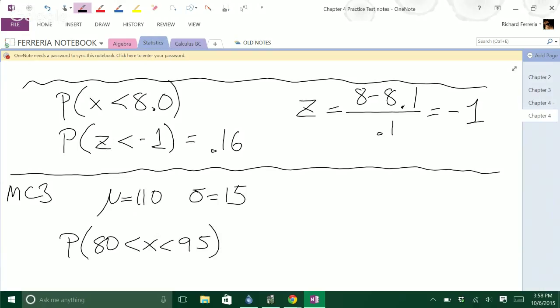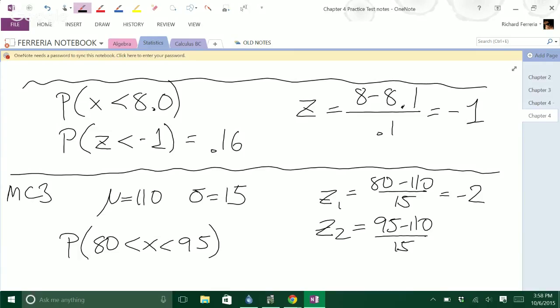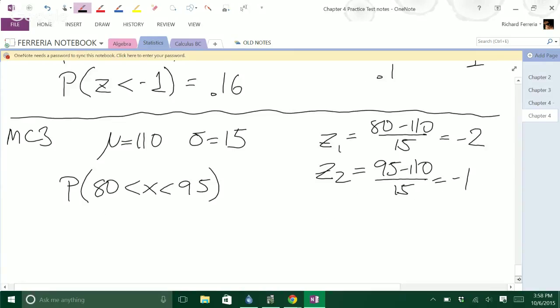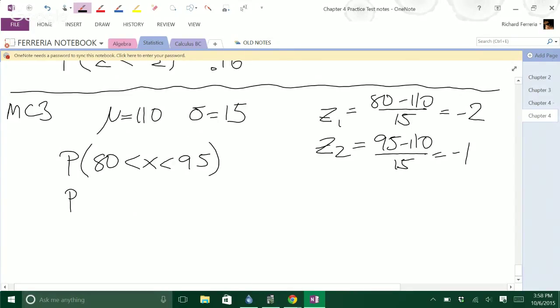We'll do a quick normalization. Z1 is going to be 80 minus 110 over 15, that's negative 2. Z2 is going to be 95 minus 110 over 15, that's negative 1. So this is equivalent to asking what proportion under the Z curve is between negative 1 and negative 2.